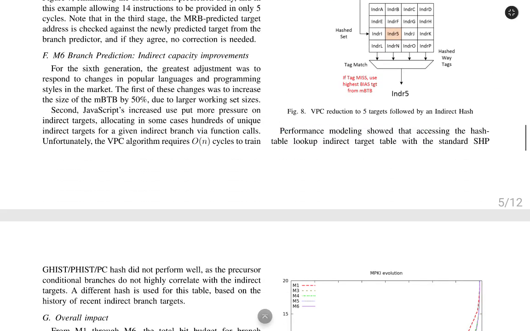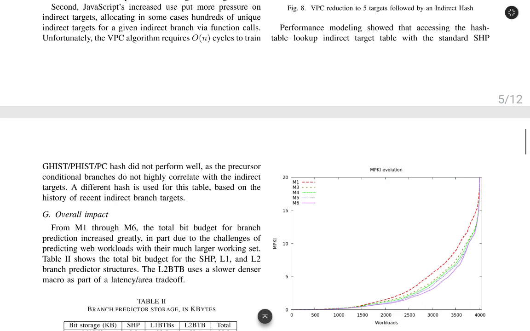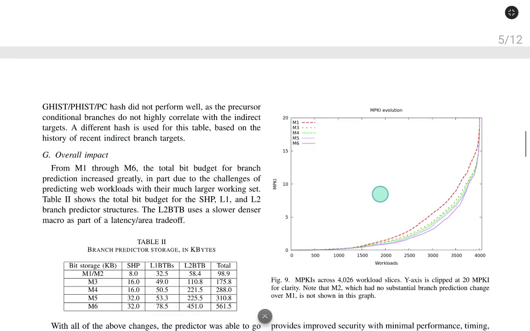Performance modeling shows that accessing the indirect target hash table with the standard SHP GHIST, PHIST, PC hash did not perform well, as the preceding conditional branches do not correlate highly with the indirect target. A different hash is used for this table, based on the history of recent indirect branch targets.